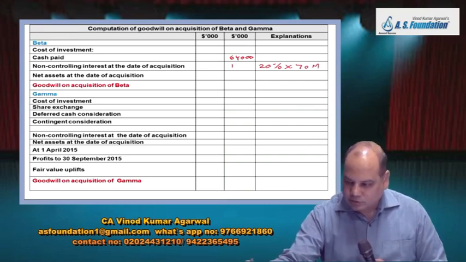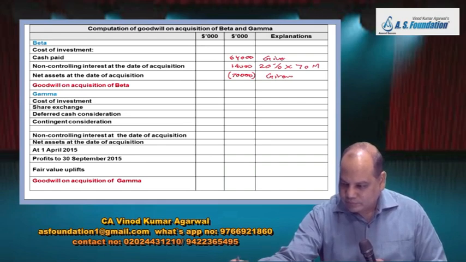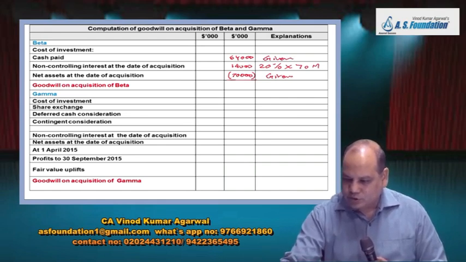So in the answer column, write 14,000. And then net asset on the date of acquisition, 70,000 is given. This was also given. So what is goodwill on acquisition of beta? 8,000.